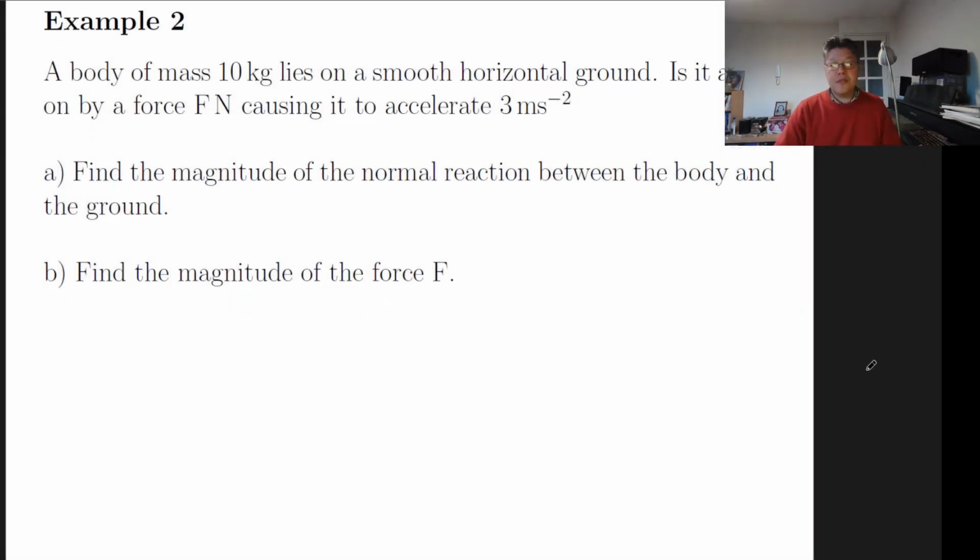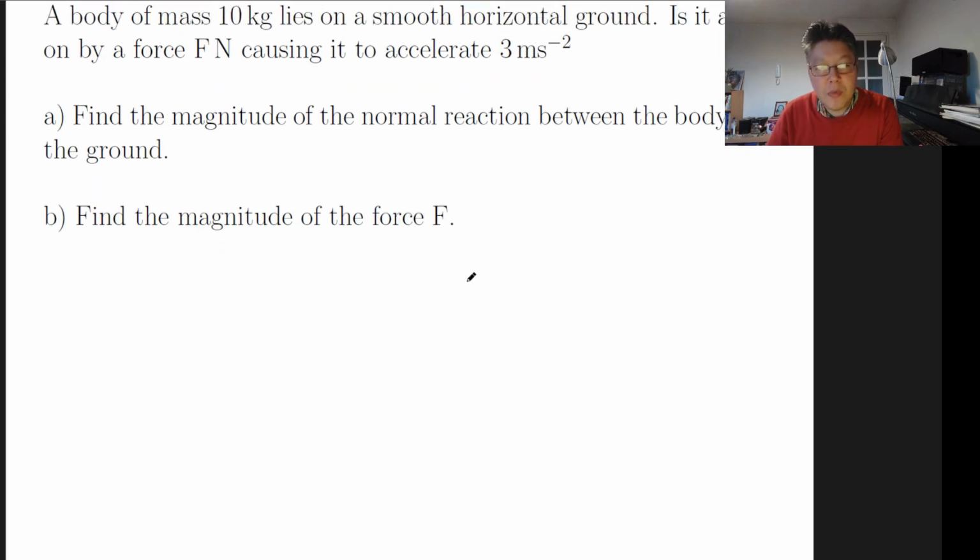Okay, example number 2. This time we've got a body of mass 10 kilograms. It's acted on by a force F and it causes it to accelerate 3 meters per second squared. So we have to find the normal reaction and find the force F. So we'll begin with the picture.